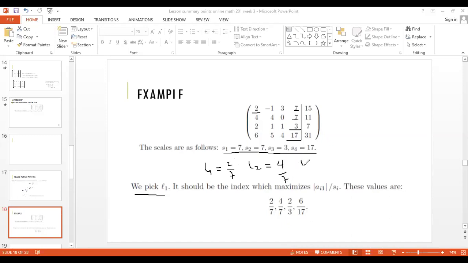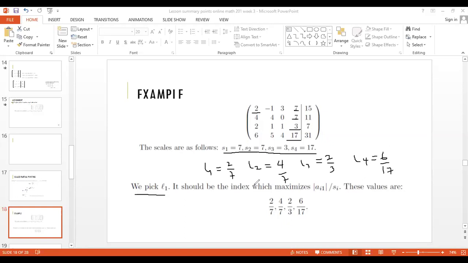L3 is the absolute of the leading coefficient, which is 2, over the maximum value, there is 3, and then L4 is what? Leading coefficient is 6 over 17.